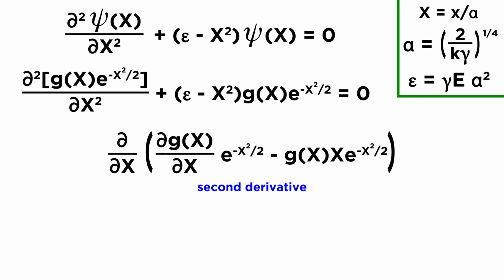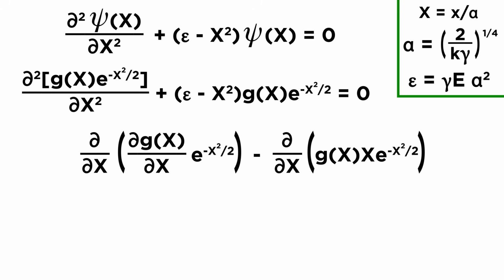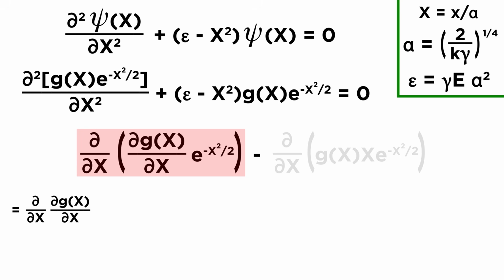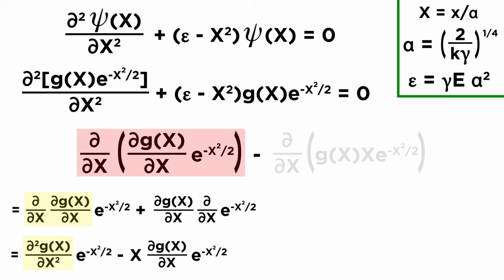Now we must get the second derivative, so we have to differentiate again. Since we have a difference, we can split this up and differentiate each term separately, each of which will require the product rule. For this first term, we get the derivative of the first function times the second function, and we add to that the first function times the derivative of the second function. So that gives us the second derivative of g of big X with respect to big X, and then again we just get the difference instead of the sum and an extra big X term.